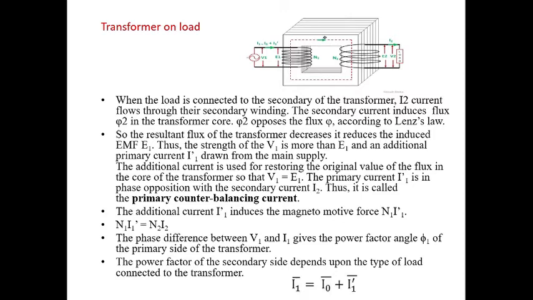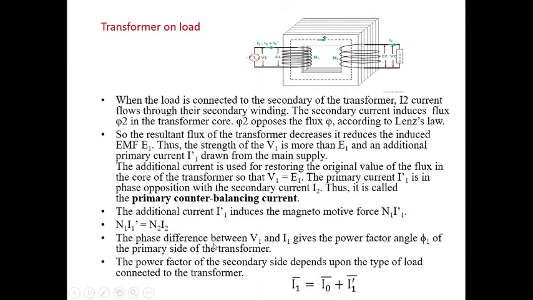The primary current I1 dash is in phase opposition to the secondary current I2. Thus it is called the primary counterbalancing current. The additional current I1 dash induces the magnetomotive force N1 I1 dash, so that N1 I1 dash is equal to N2 I2.